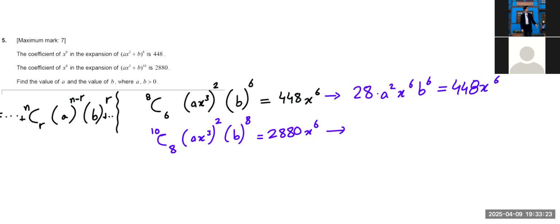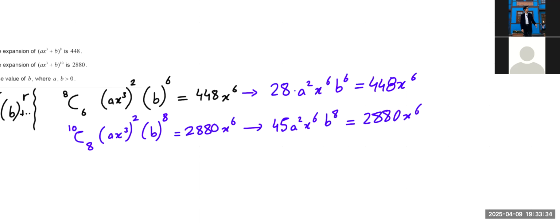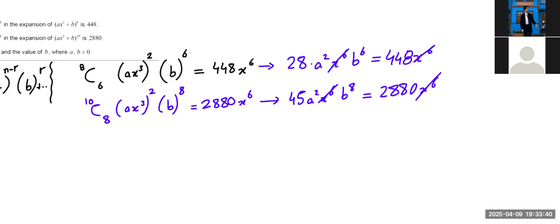So we have 45 a squared x to the 6 b to the 8 equals 2880 x to the power of 6. Before we do anything, let's clean these equations up individually. The x to the 6's can cancel out. So now we have 28 a squared b to the 6 equals 448, and 45 a squared b to the 8 equals 2880.